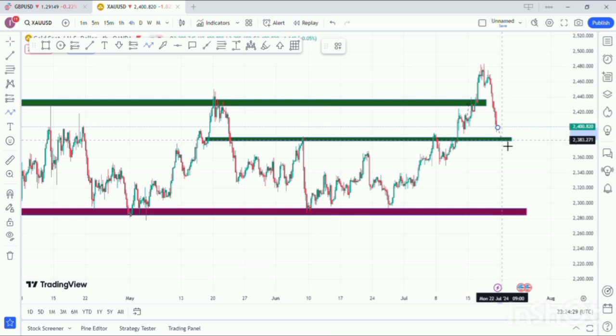We're expecting price to continue downward to respect this resistance zone, thereby turning it into a support before continuing upward. But on the flip side, if price decides to break below this resistance zone right here, we'll be expecting price to also break below this support zone right here before giving us a confirmation before continuing downward to the next support zone, guys.